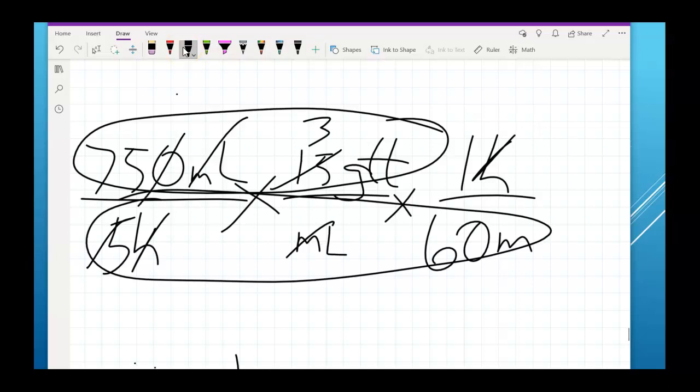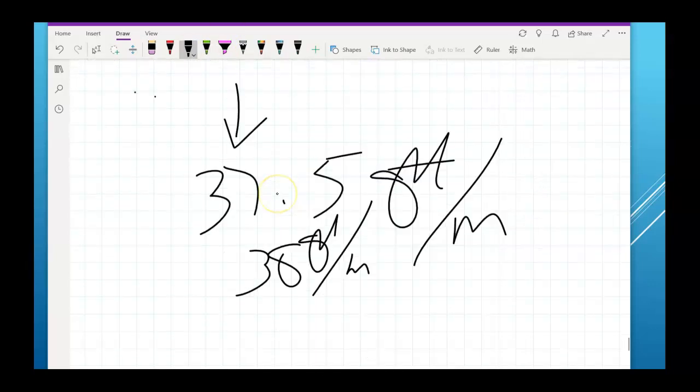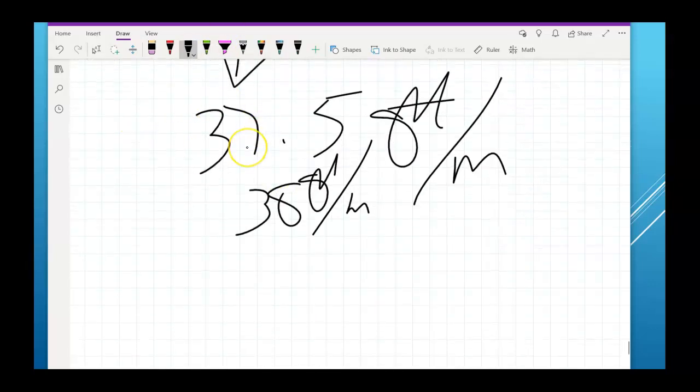We can get rid of our zeros here and here. 10 goes into 750 75 times, 10 goes into 60 6 times, 3 goes into 3 once, 3 goes into 6 twice. So then you just end up with 75 over 2. 2 goes into 75, 37.5 times.